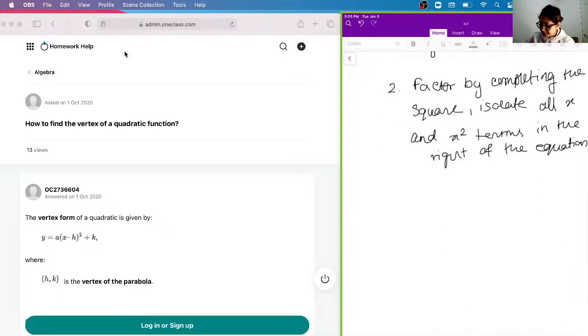Step 3 is to simplify and convert the right side to a squared expression.